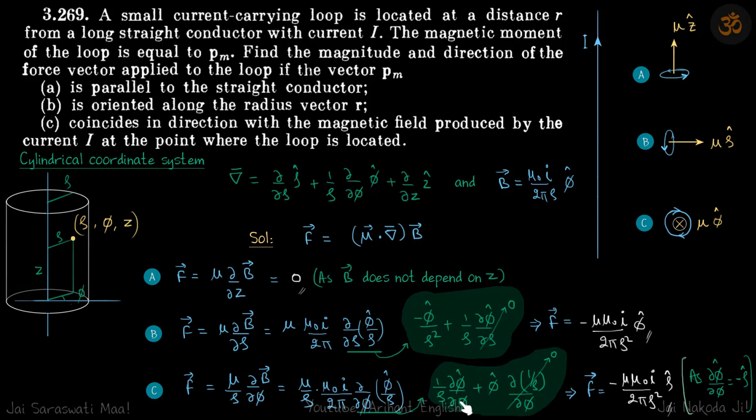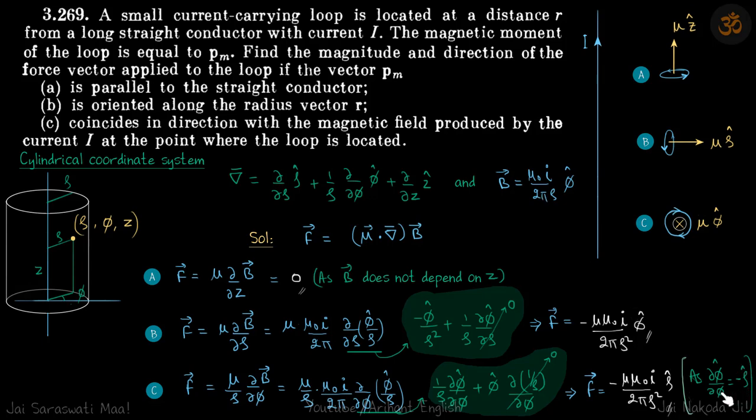But what is dou phi cap by dou phi? That is minus rho cap. We'll see on the next page how this comes. This is a standard result for cylindrical coordinates, that dou phi cap by dou phi is minus rho cap. So you put that minus rho cap here, and you will get your answer.